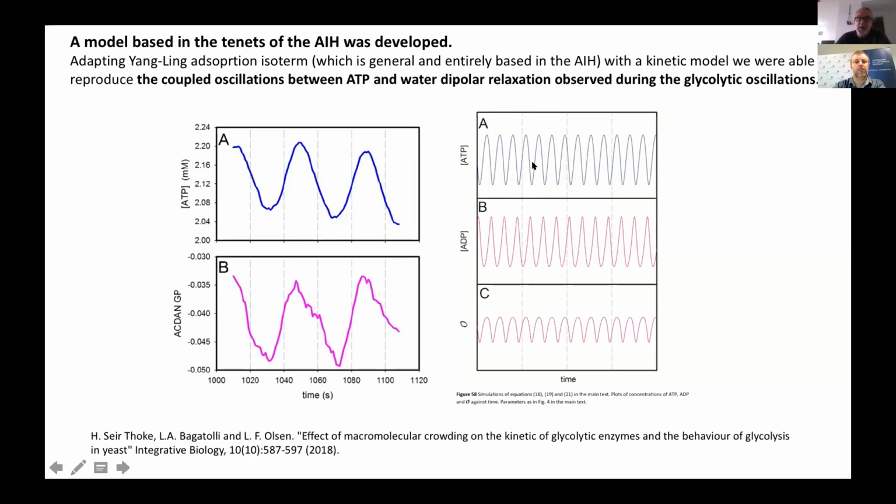So you can reproduce it very well considering this regulation effect of the ATP on the intracellular properties of proteins.